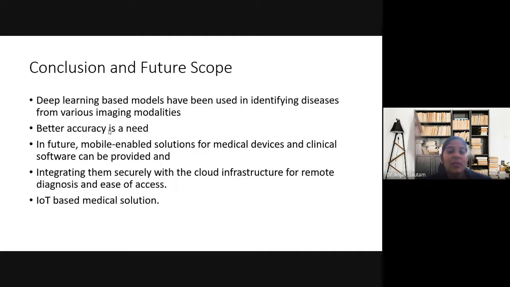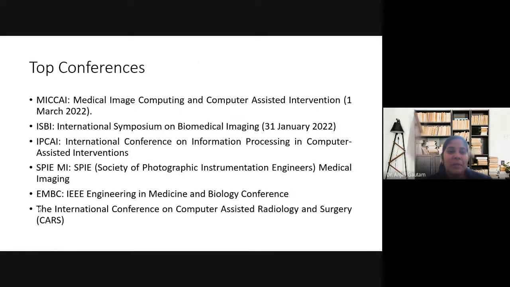In future you can also provide mobile-enabled solutions for medical devices and clinical software, and integrate them securely with cloud infrastructure for remote diagnosis and ease of use, and IoT-based medical solutions. So these are just the future scope which can be done.